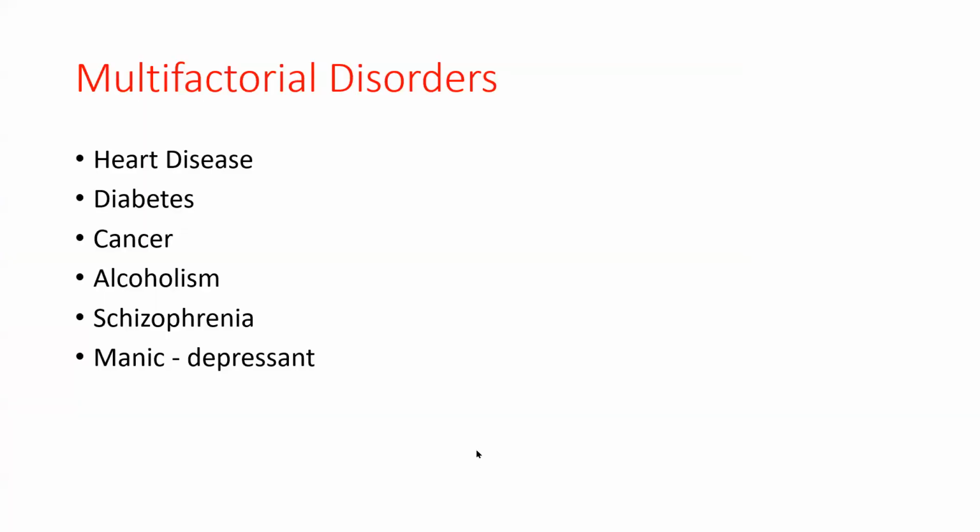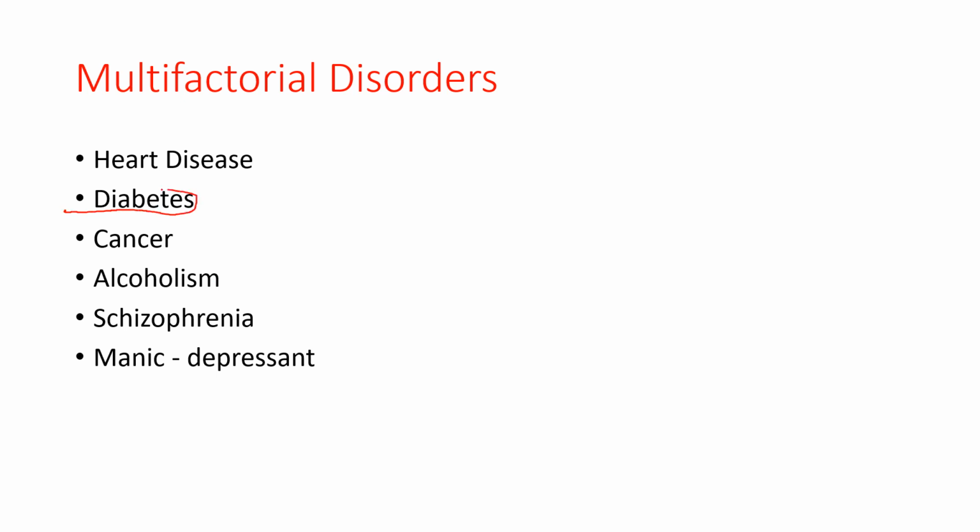All right. Now, it mentions also multifactorial disorders, okay? Heart disease, diabetes, cancer, alcoholism, schizophrenia, manic depression. What am I talking about here? These diseases, right? Now, some of them you'll say, but these are lifestyle diseases.